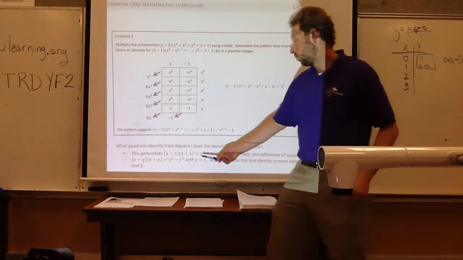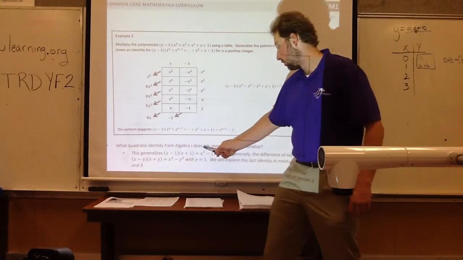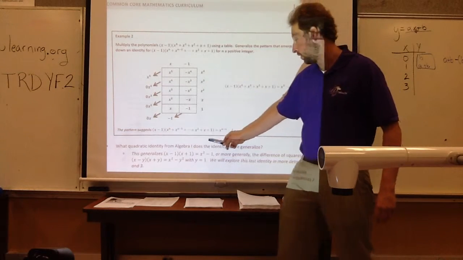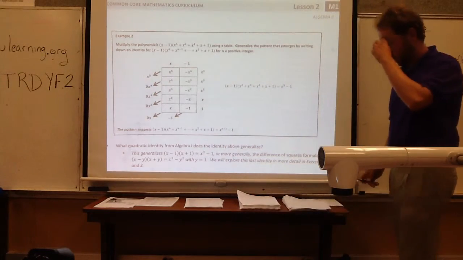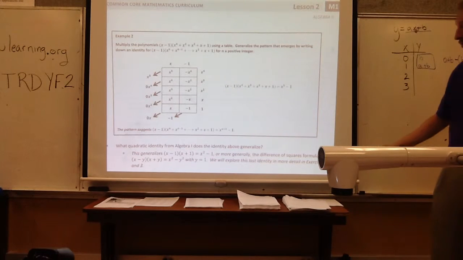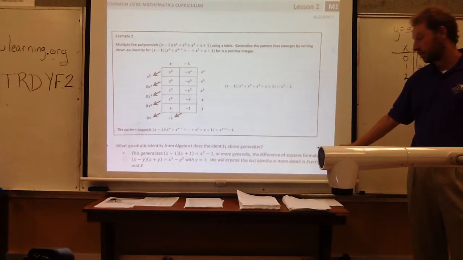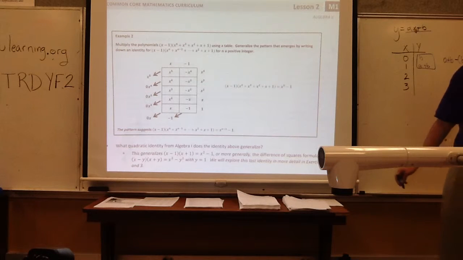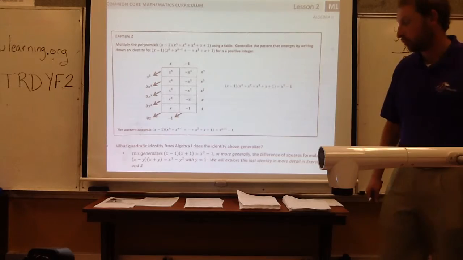And so x plus 1, x, right, we have to add 1 to the exponent, and that's where we get 2. It's also, more generally, the difference of squares formula, which is also something you should have learned in Algebra 1. We will explore this last identity in more detail in exercise 2 and 3.